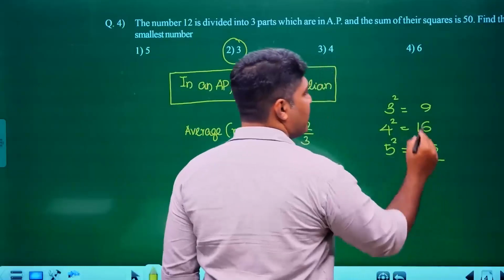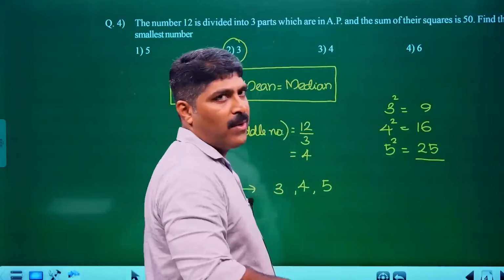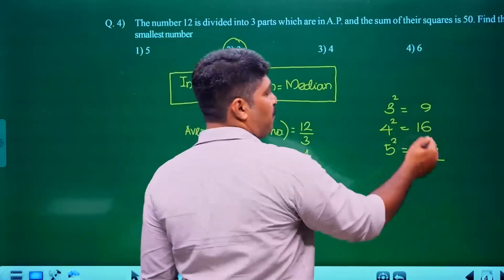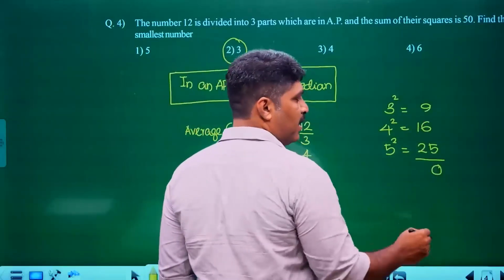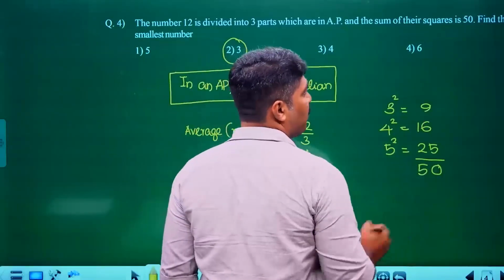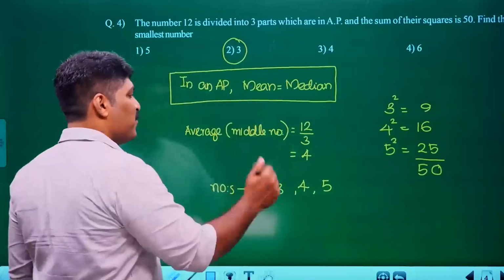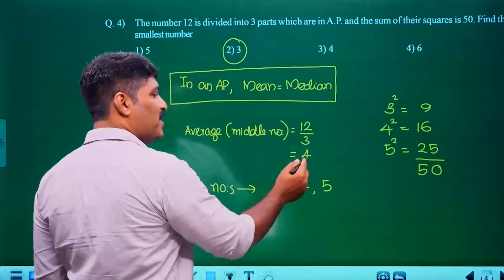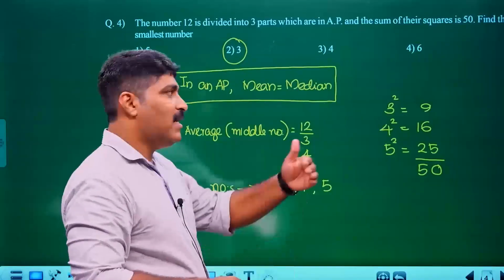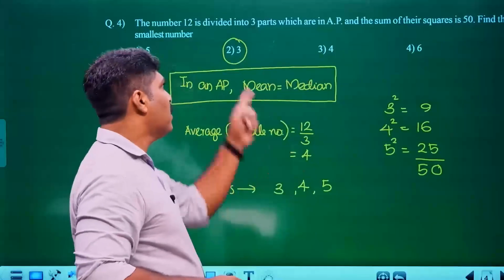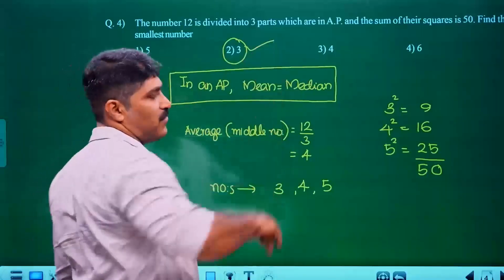Adding these values together, 9 plus 16 is 25, plus 25 is 50. So we verified it. Actually, we don't need to do that. Once you get this idea, if the middle is 4, then definitely the least value should be less than 4. Only one possibility here, that is 3.